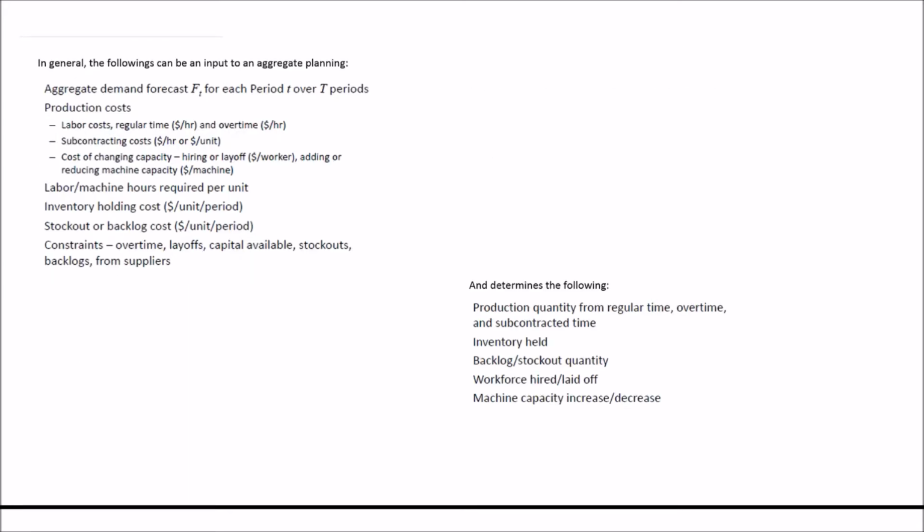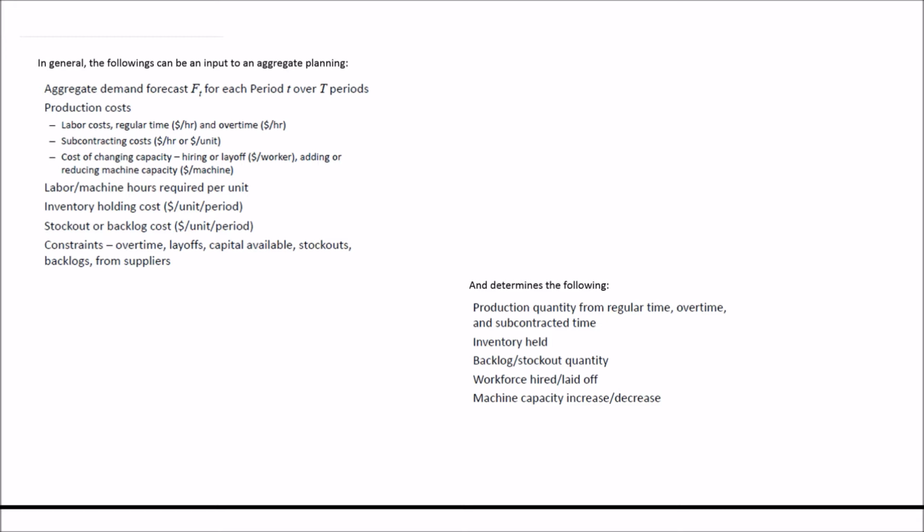In general, the input to an aggregate planning problem is the aggregate demand forecast made by using the past data. So your demand in this case is a parameter, so you forecast your demand based on the past data and feed it into your aggregate planning problem. Production costs: you have labor costs, which can be regular time or overtime, subcontracting costs, and the cost of changing capacity.